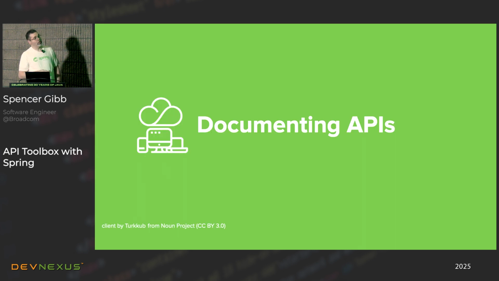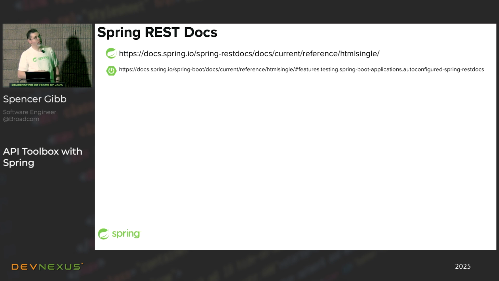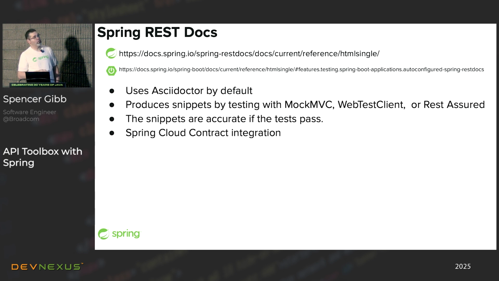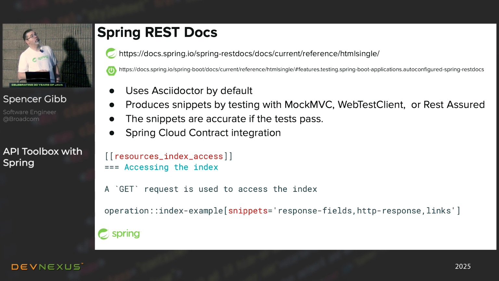I think we're pretty close to the end. I wanted to just show some documentation support that we have called REST docs. So this is as opposed to something like OpenAPI where you generate everything.